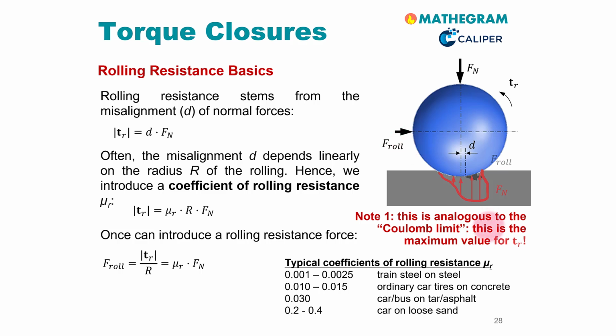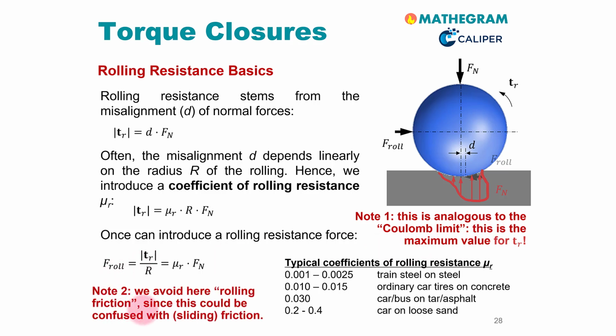So we have to keep this in mind, similar to what we have done for the tangential force. The second note here is that of course one could also introduce such a rolling force, but this is nothing else than a force couple that activates this torque resistance.